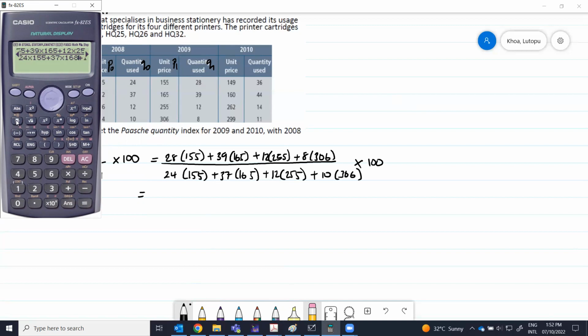Let's see what this should be. Okay, so this is 102.12.